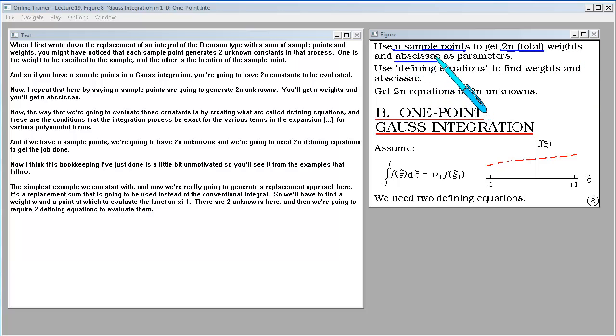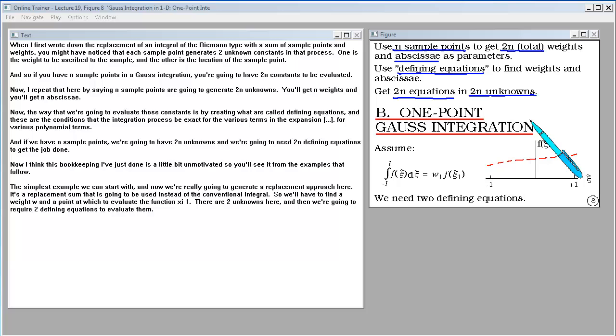Now, the way that we're going to evaluate those constants is by creating what are called defining equations, and these are the conditions that the integration process be exact for the various terms in the expansion, so for various polynomial terms. And if we have n sample points, we're going to have 2n unknowns, and we're going to need 2n defining equations to get the job done. Now, I think this bookkeeping I've just done is a little bit unmotivated, so you'll see it from the examples that follow.